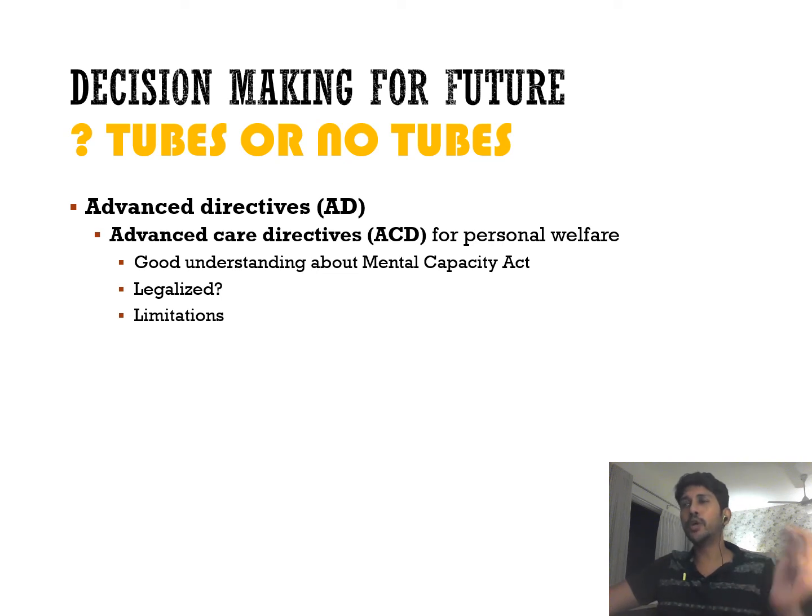So the patient documents his or her preferences on a document, gets a lawyer to sign that document. So in some countries it is legally binding for the clinicians to follow the patient's wishes.